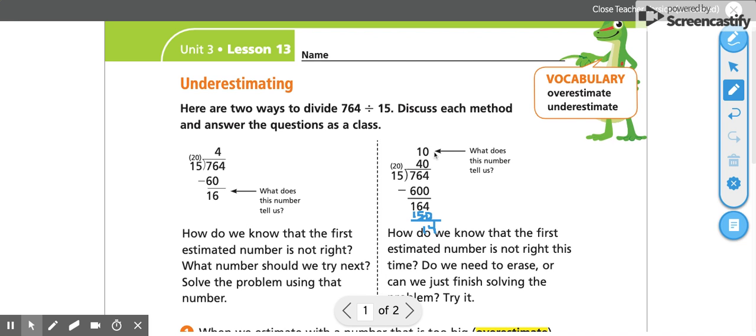So what I do here is I add these sets of 10, so 40 plus 10 is 50, and my remainder is 14. So when I use the expanded notation, it allowed me to continue to go. Even though I underestimated, I was able to keep adding on 10s until I was able to get to my answer and get a remainder.